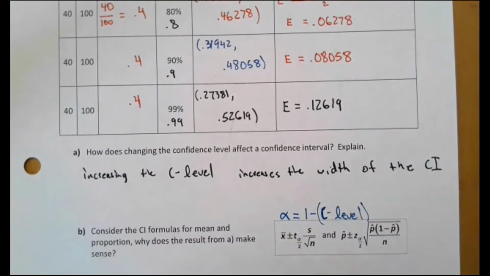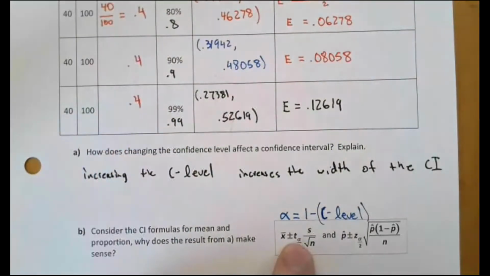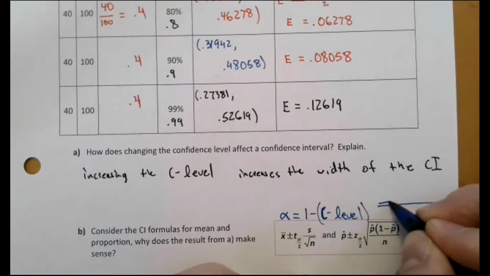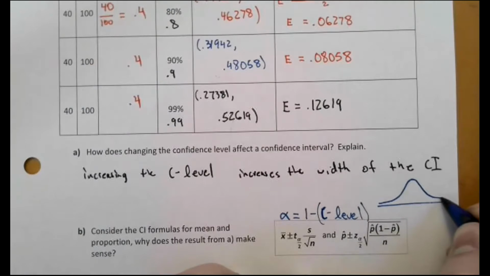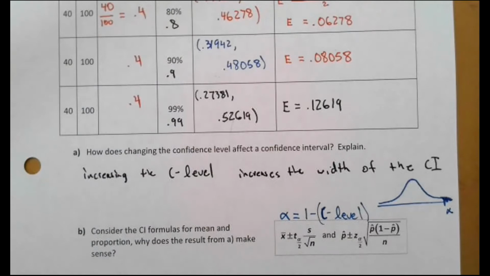So what happens is, as we make this C level larger and larger, it makes alpha smaller and smaller. And if you recall what alpha is, it's the right tail area. So if I have a really tiny alpha, it's going to make a much larger Z or T critical value.